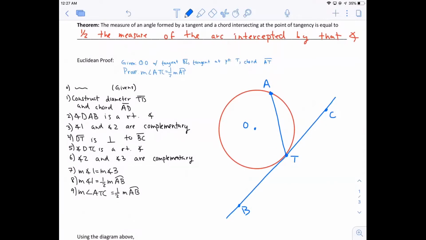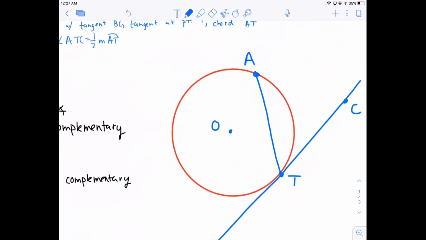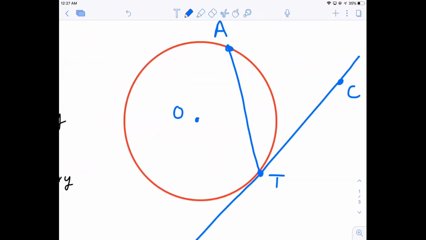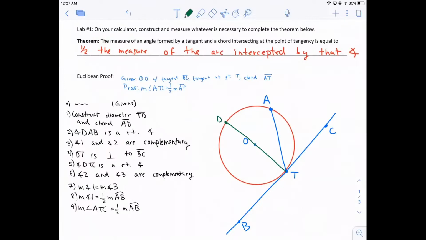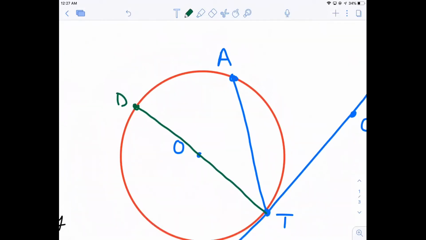So step 1 is to construct the diameter TD. So I made this diameter right there, and I constructed diameter TD. And I also made chord AD. So I have this nice triangle now, ATD.